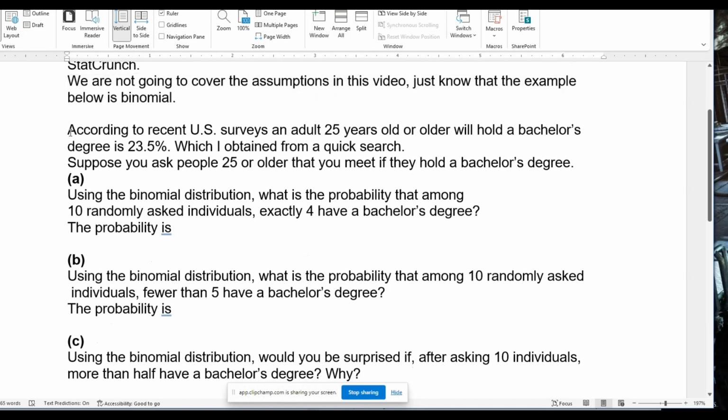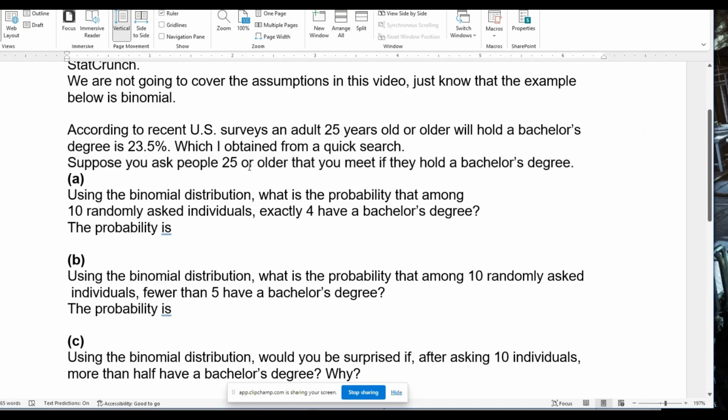All right? So, according to recent US surveys, the probability that an adult 25 years old or older will hold a bachelor's degree is 23.5%, which I obtained from a quick search. Thank you, Copilot. So, suppose you ask people 25 or older that you meet if they hold a bachelor's degree, right?